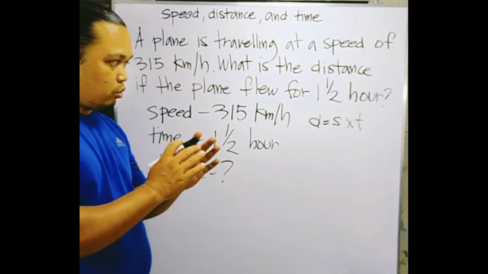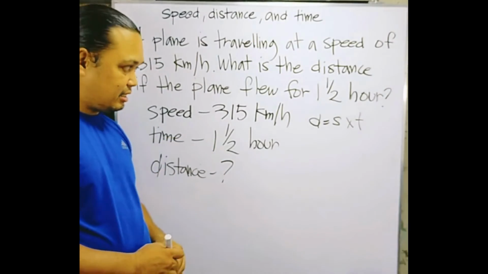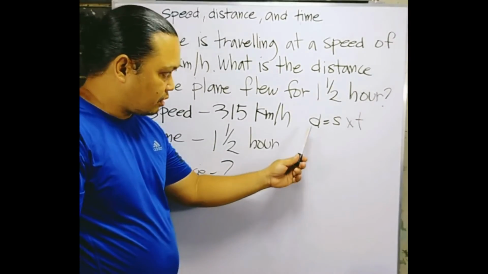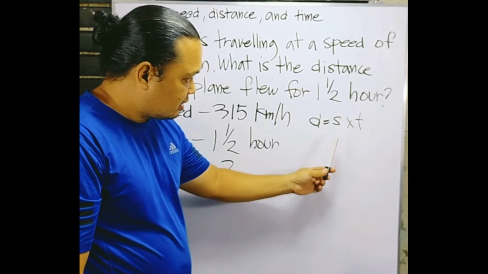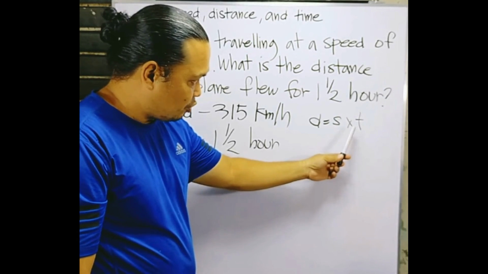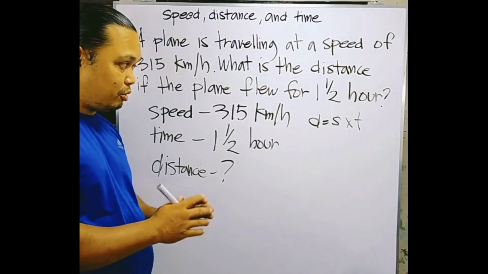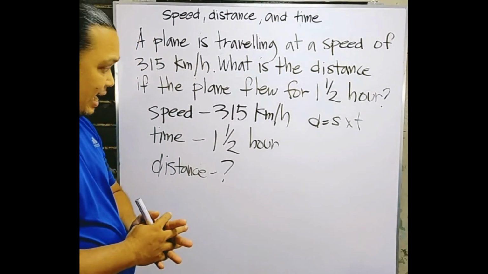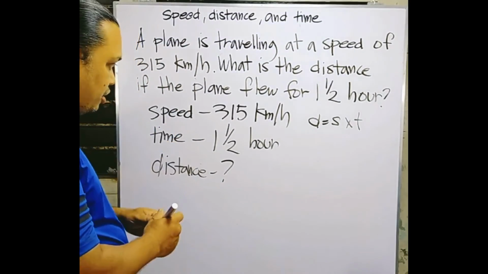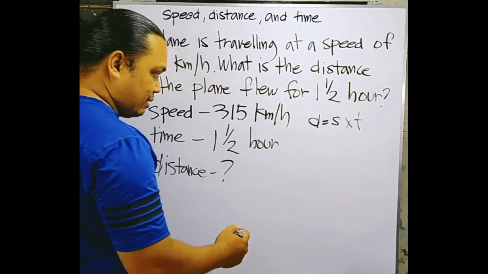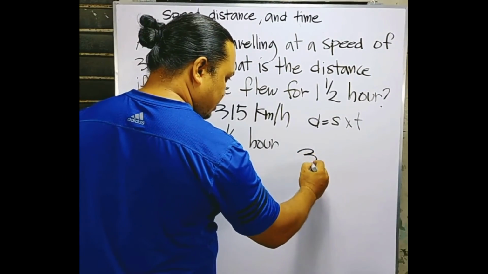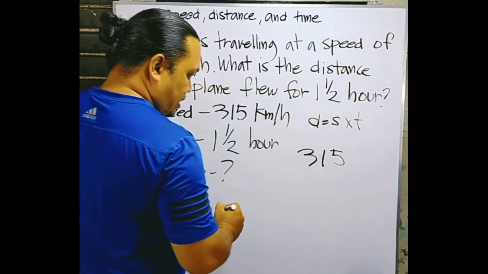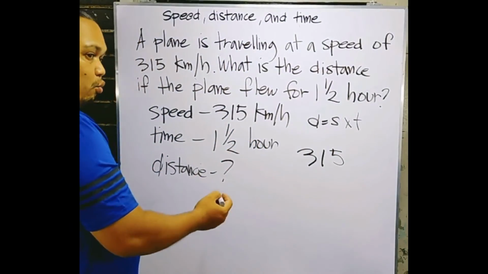Okay, so to get the distance that the plane traveled, our formula is speed times time. All we need to do is just multiply the speed and the time. So for our speed here, we have 315. For our time, we have 1.5 hours.